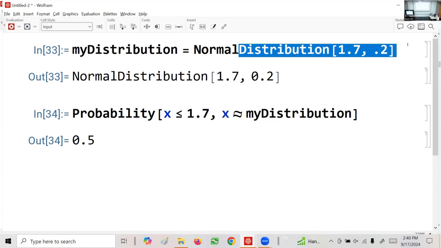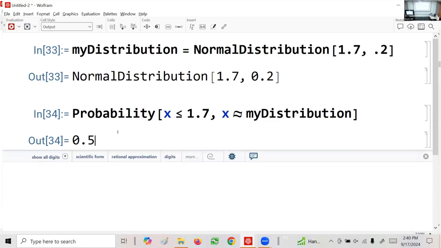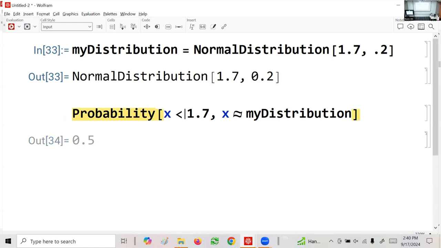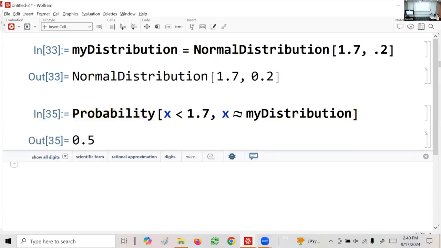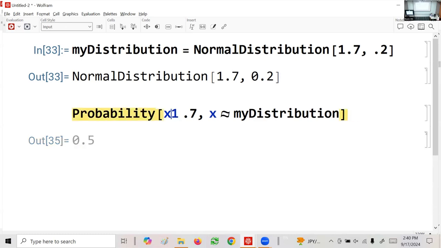That's what it means. Of course, because it's symmetric, half the people will be 1.7 or shorter. By the way, you can use less than or equal, or just less than. It means nothing because with a continuous variable, the probability exactly at a point is 0.